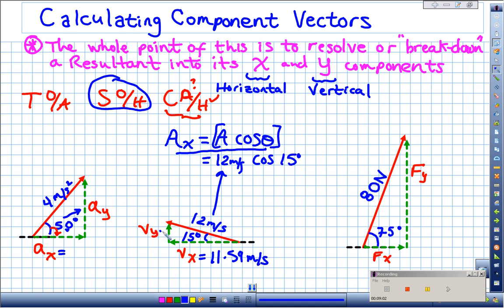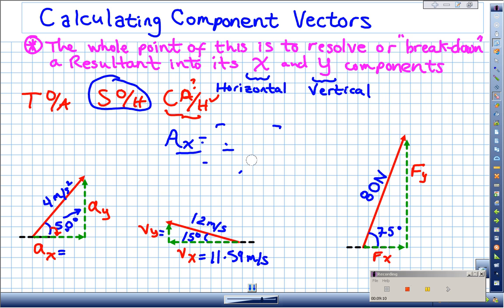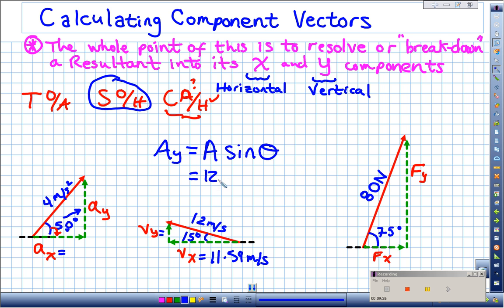And to solve similarly for this one over here, it would be the y component, or the vertical component in this case. And my reference table tells me that that equation looks like this. The y component of any vector, even if this one is the velocity vector, is equal to its resultant times the sine of the angle between the resultant and the horizontal, which in this case, again, my resultant is 12 meters per second, but now it's the sine of 15 degrees.